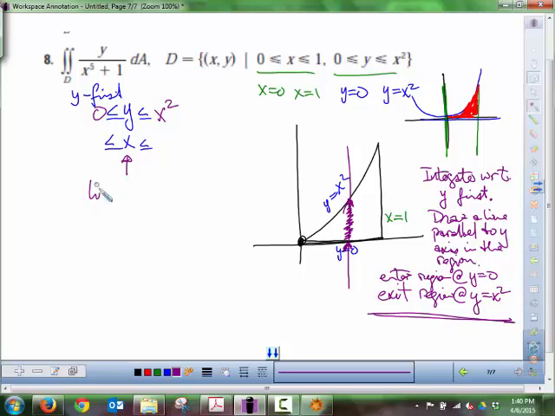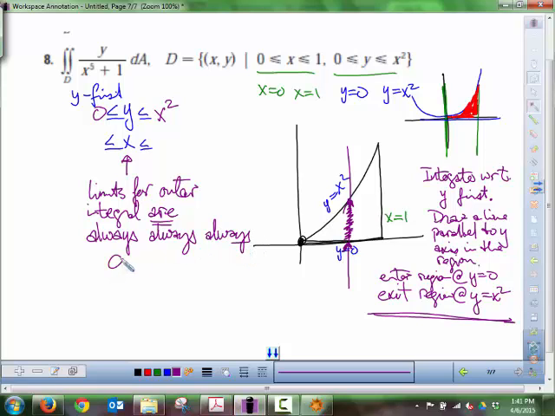So limits for the outer integral are always constants. Okay? x goes from what to what? 0 to 1.